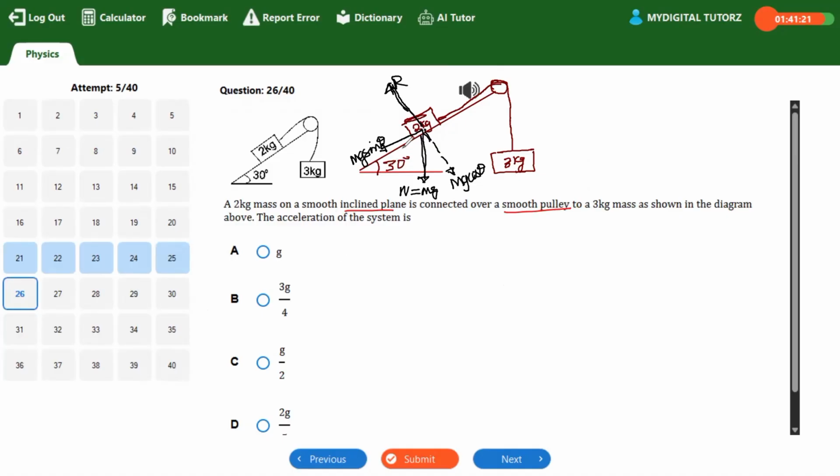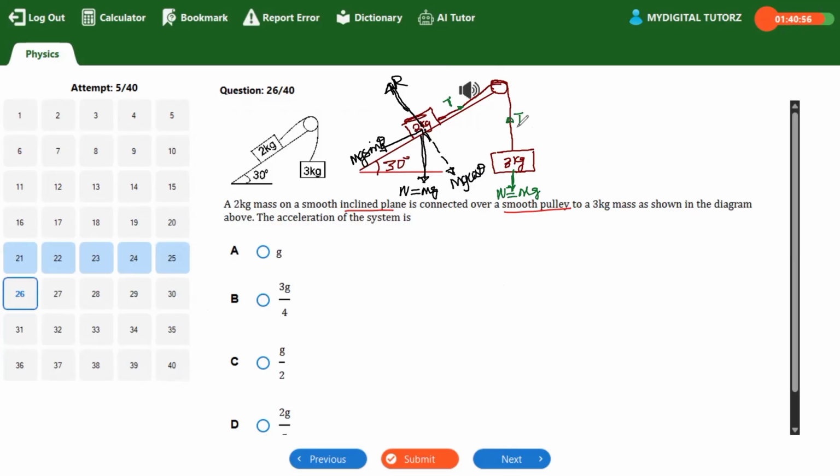So now we look at it. This particular body has a rope, right? It has a rope, and therefore it has a tension T. And also this is also a rope. As the weight of the 3 kg body is going down, W is equal to mg. The tension will be up.